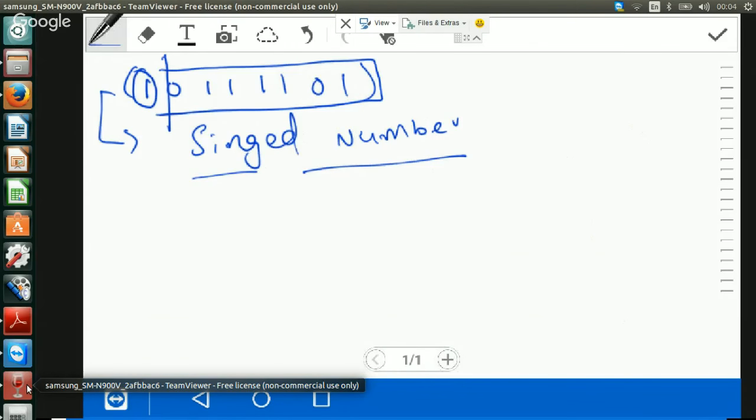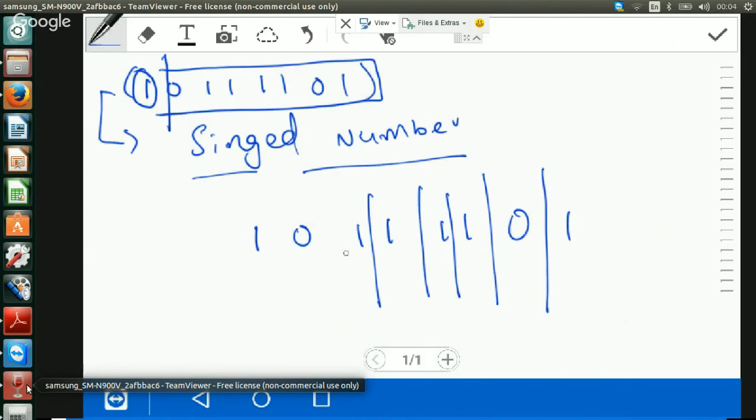All right, just let me rewrite the number again, 10111101. We are going to convert this number. 1, 2, 4, 8, 16, 32, 64, 128.